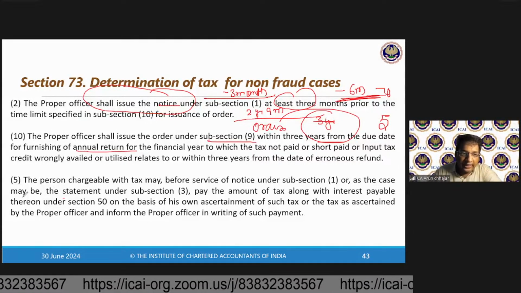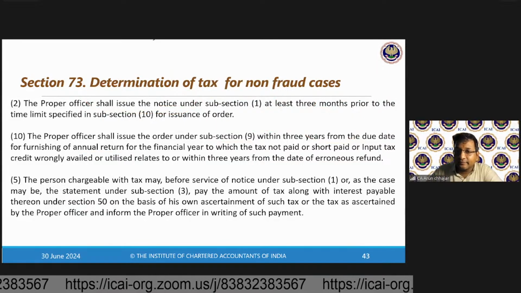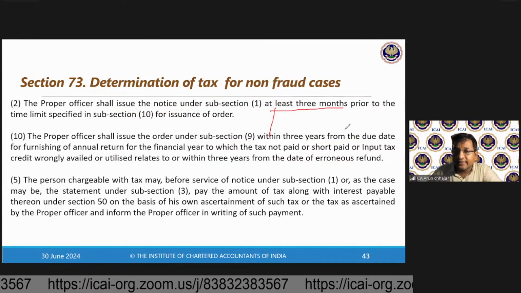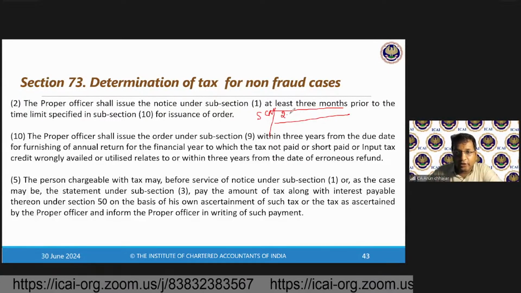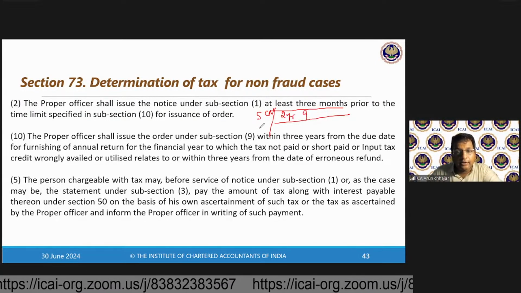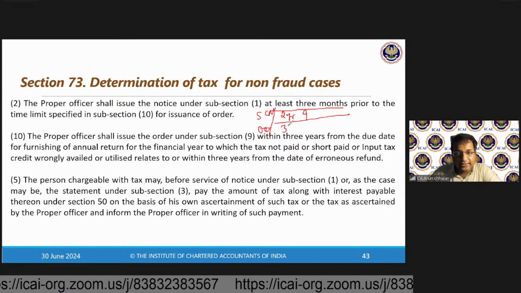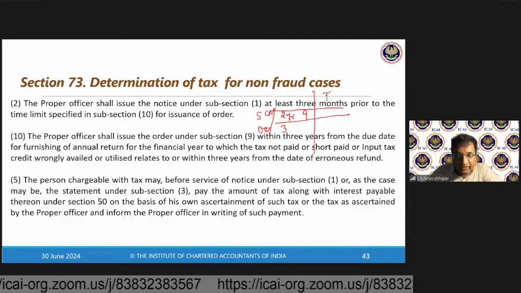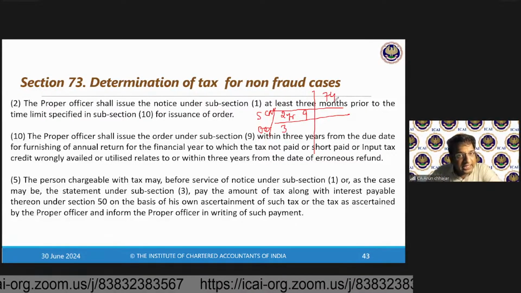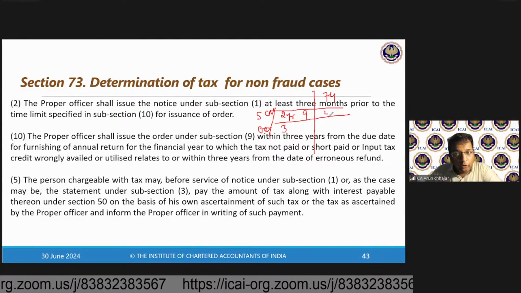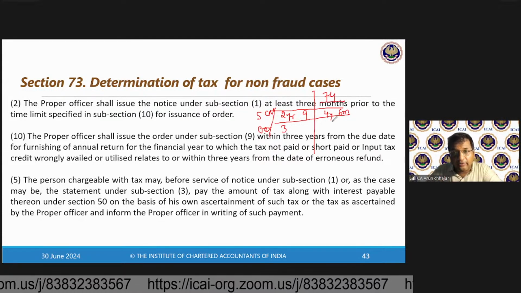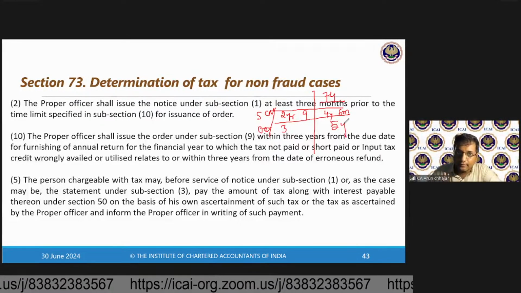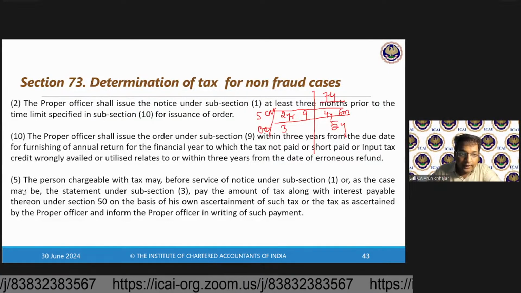So in other words, if it is a 73 case, the time limit to issue the notice is 2 years, 9 months, and the last date to issue the order is 3 years. If it is a 74 case, the last date to issue the notice is 4 years, 6 months, and the last date to issue the order is 5 years. I hope it is clear.